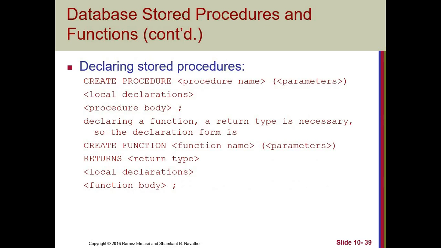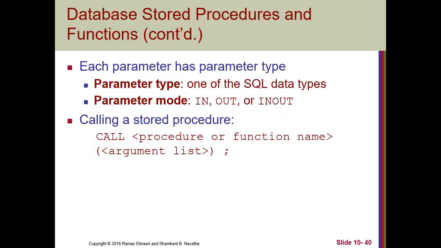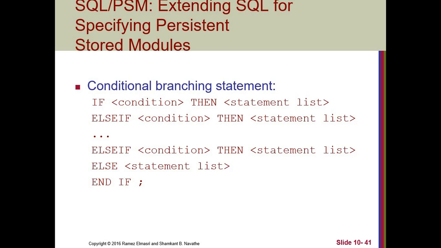This is the SQL syntax you would use to create a procedure. Parameter type, such as varchar, etc. Parameter mode is in, out, or both, stated as in-out. Just like Java, you can set conditions using an if-else statement.